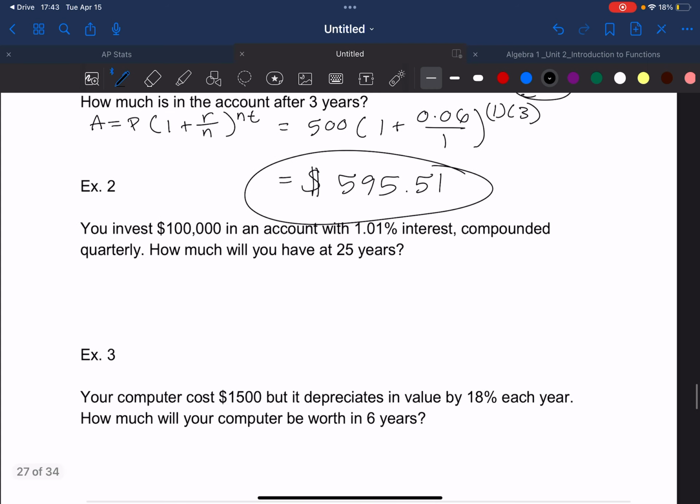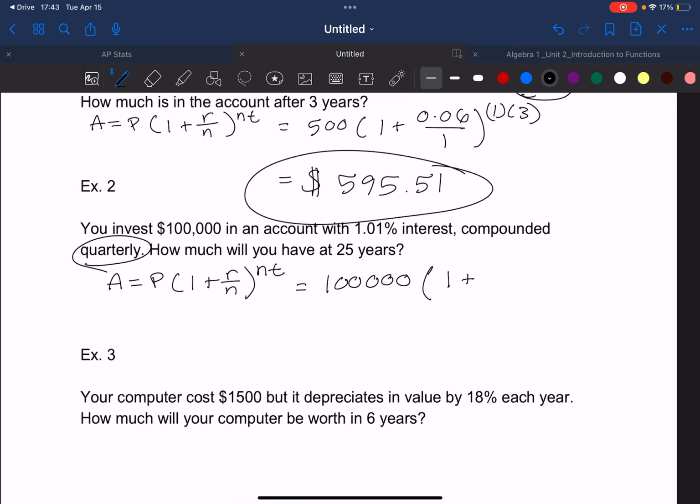Number 2 says you invest $100,000 in an account with 1.01% interest, compounded quarterly. How much will you have in 25 years? So this is also an interest problem, so A is equal to P times 1 plus R divided by N, to the power of NT. So we have 100,000 times 1 plus our rate.